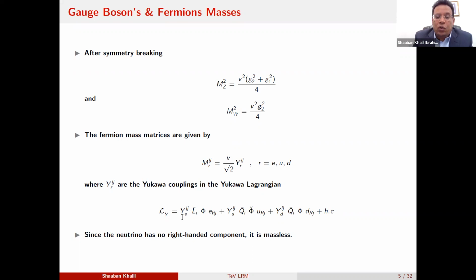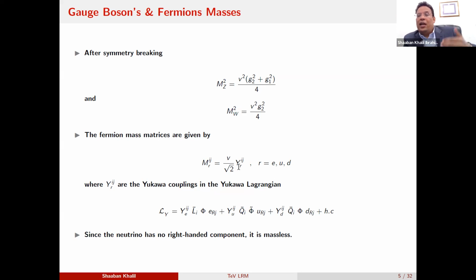And in fact, the Yukawa couplings, as you can see, are a lot. They are given in terms of the flavors i and j. So this is a 3 by 3 matrix, which you have to diagonalize to go to mass eigenstates or physical eigenstates. Anyway, once the Higgs takes a vacuum expectation value, it gives you the mass, which is v times the Yukawa.